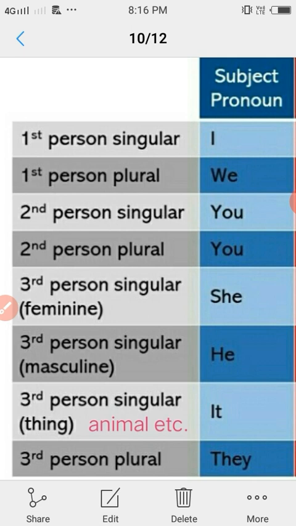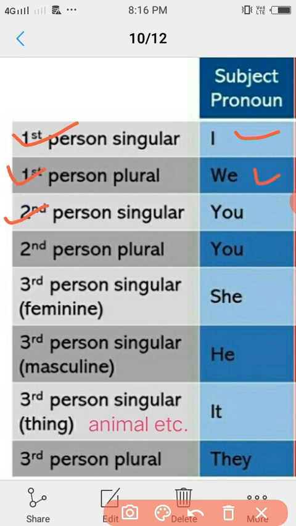First person singular I, first person plural we, second person singular you, second person plural you. It is the same. How it works we will see in sentence examples. Third person singular feminine, that is for girls and women, is the pronoun she.